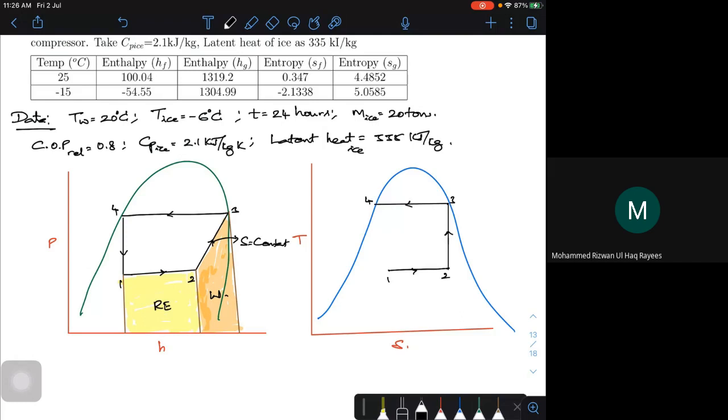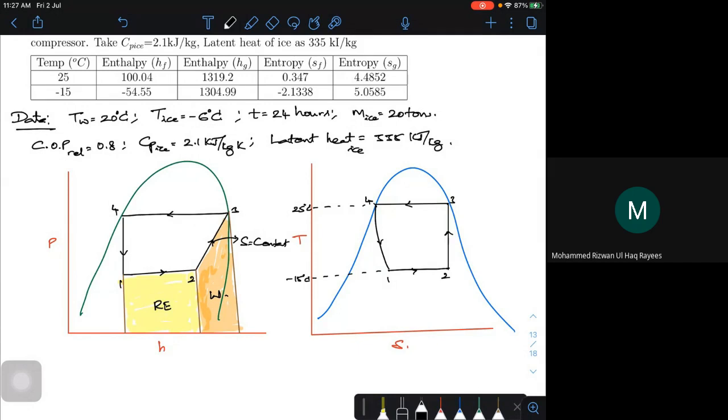Then 4 to 1 is not isentropic, it is isenthalpic. That's why it is a curve. And if I try to represent the temperatures, they are something like this. This is at 25 degrees. This is at 25 degrees. And this is at minus 15 degrees.